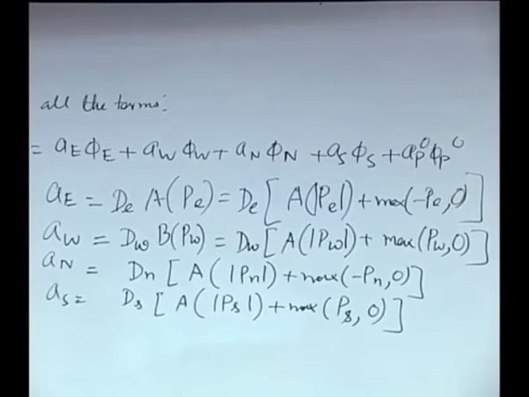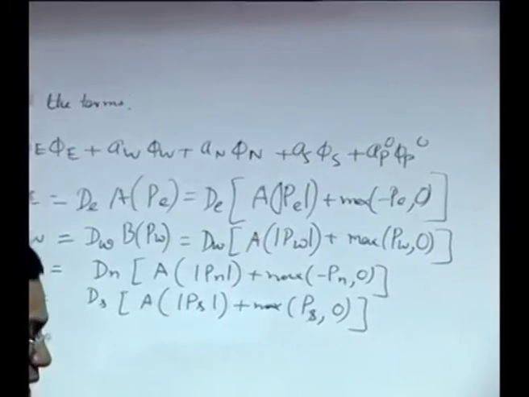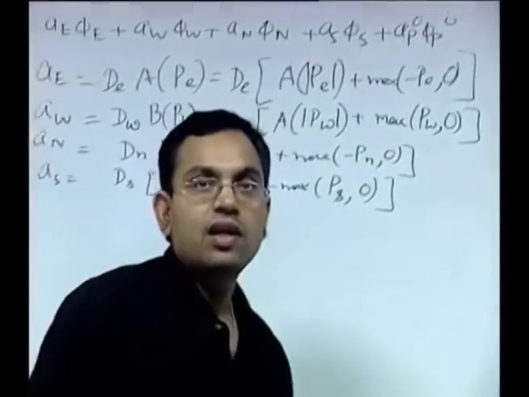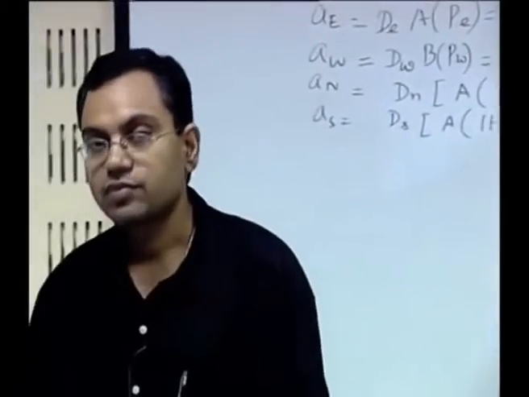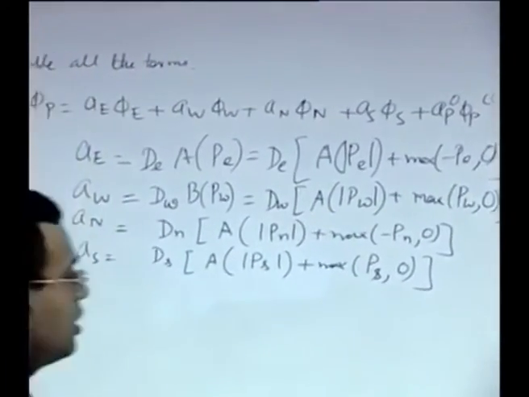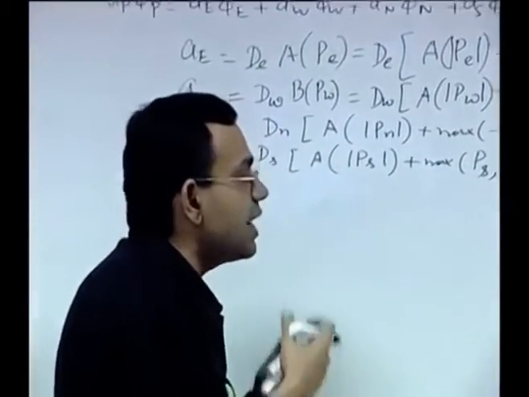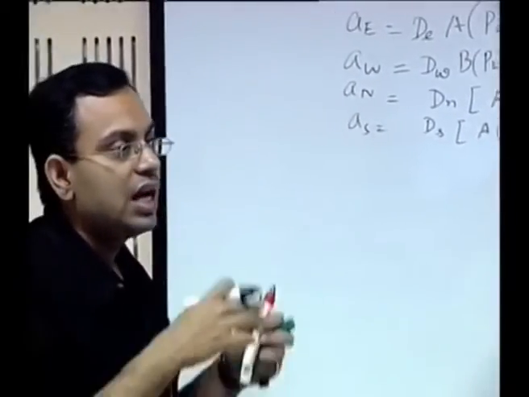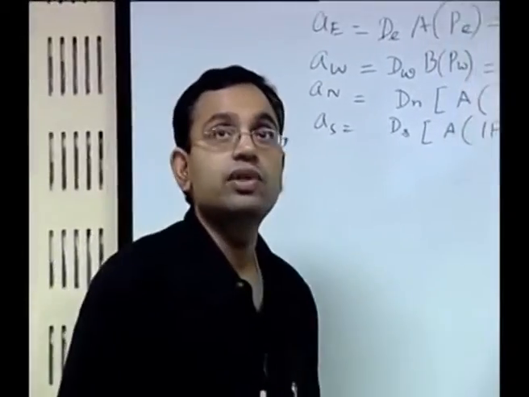Now, so far whatever we have discussed, it has given us a clear idea of the kind of policy or the kind of strategy that we can take to generalize the formulation of a convection diffusion problem.